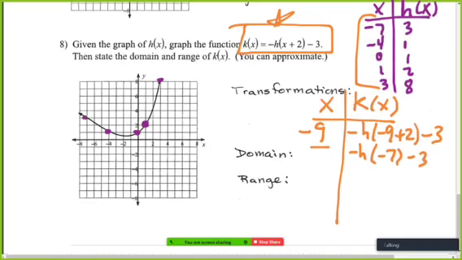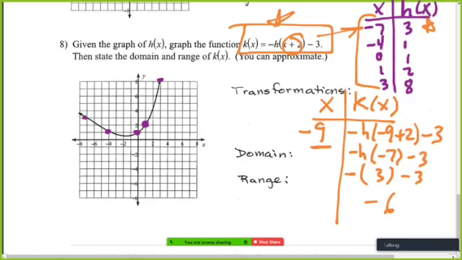I plugged in negative 9 because I knew when I added the 2 I would get negative 7. And I know from this table here that h of negative 7 is equal to 3. So now I can plug 3 in for h of negative 7, and I have negative 3 minus 3, I get negative 6. So my point (-7, 3), which was right here, got moved to the point (-9, -6). So let me plot that point.